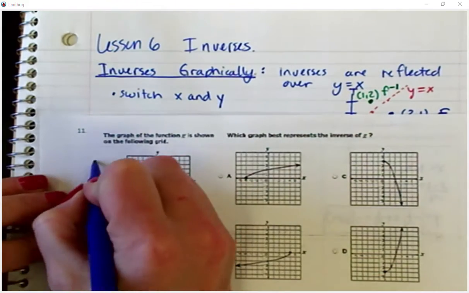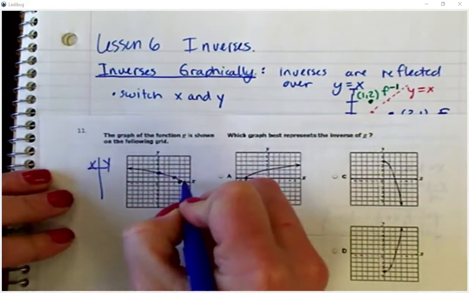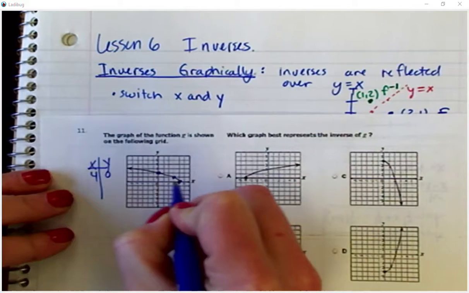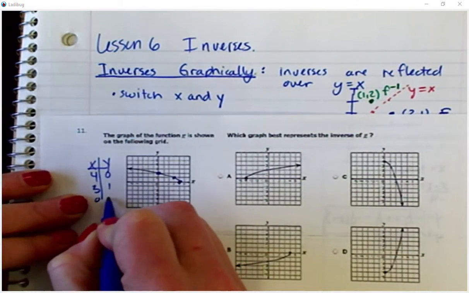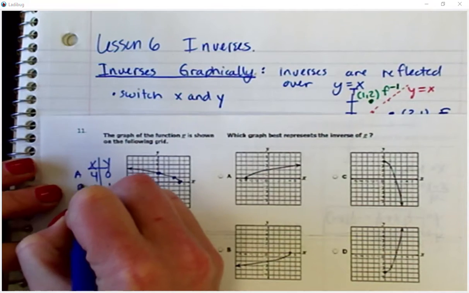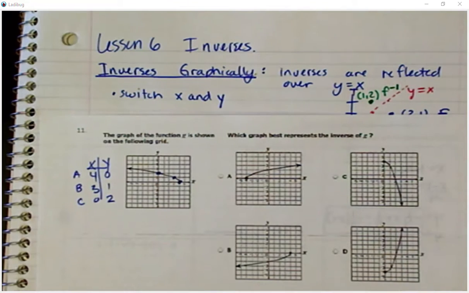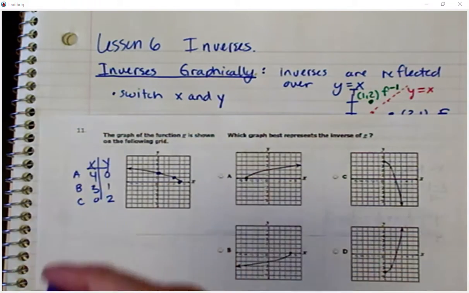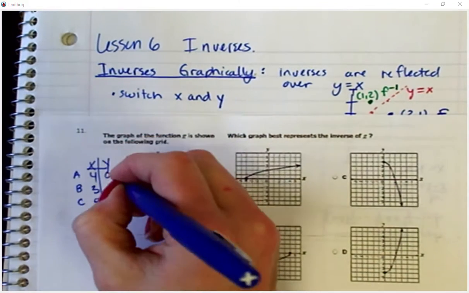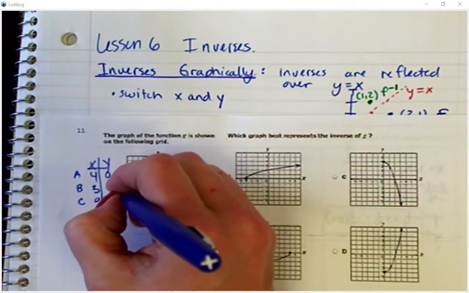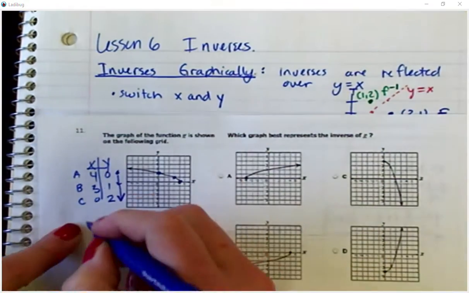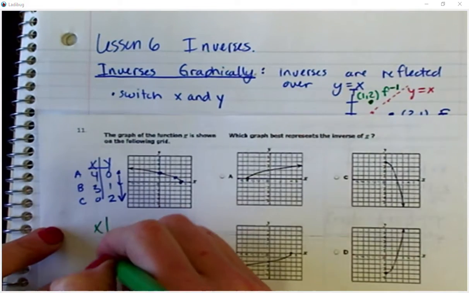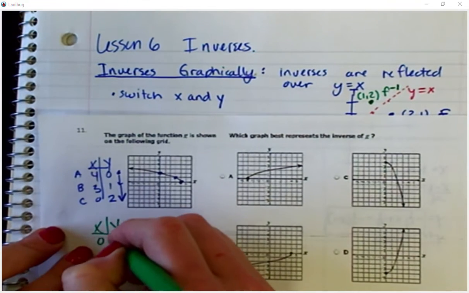But if I take my points, 4, 0, 3, 1, and 0, 2, A, B, C. Order is important, right? I want to switch them and draw them in the same order. This is the end point, and we're going this direction, and then I'm going to have the arrow. So I switch them for the inverse, 0, 4.